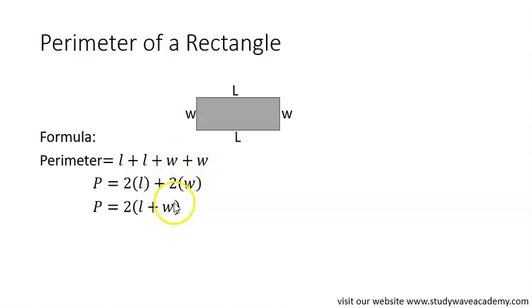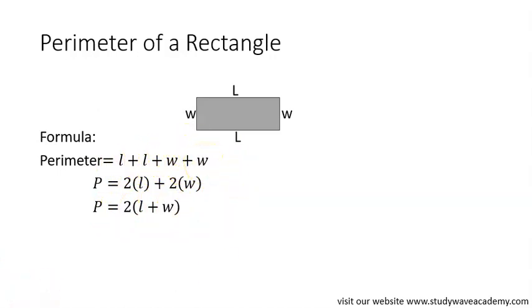And it can also further be simplified into 2(L plus W). So this is still the same thing as this, okay? 2(L plus W) is still the same thing as L plus L plus W plus W, okay? So to find the perimeter of a rectangle, you use this formula. P equals 2(L plus W), or L plus L plus W plus W, okay?